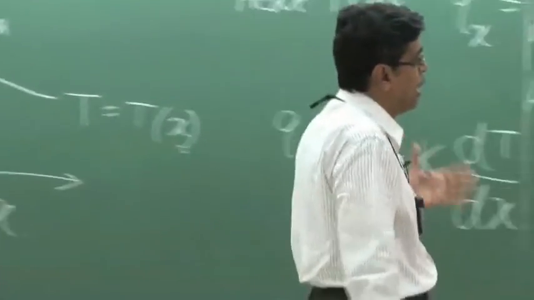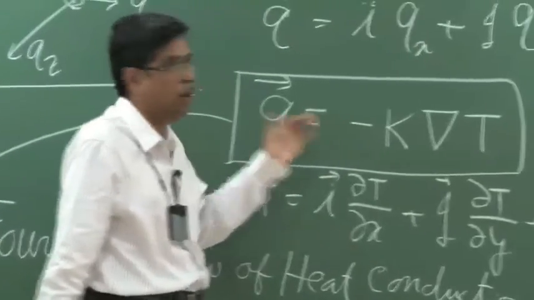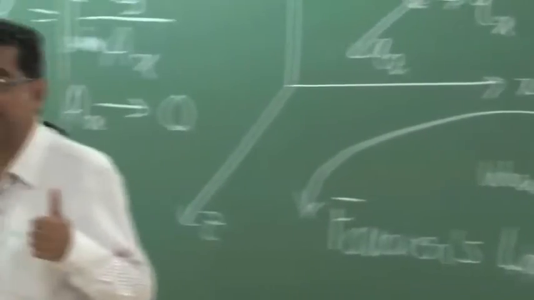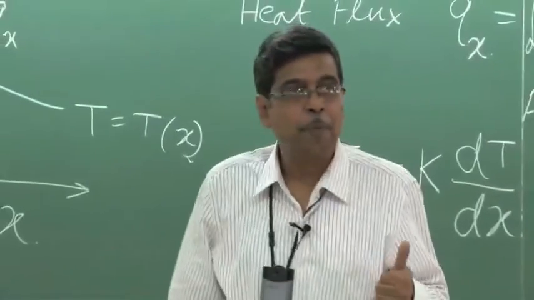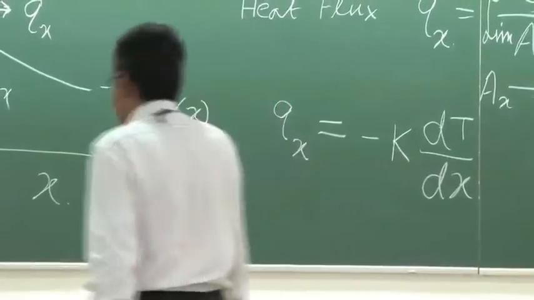That is the Fourier law of heat conduction, that is, Q is equal to minus k grad T. Here the constant k is a property of a system and it is known as thermal conductivity.